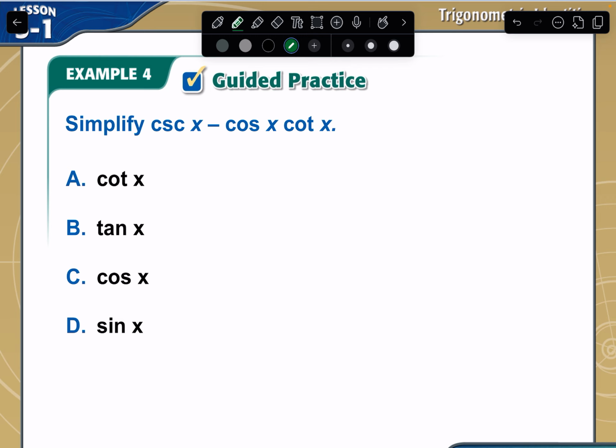Okay, so cosecant. This is one of your reciprocal identities. So cosecant is the reciprocal of sine. So I'm going to rewrite that as 1 over sine x. My cosine value right here, I'm going to leave as cosine. It's already a cosine. I'm not messing with it.